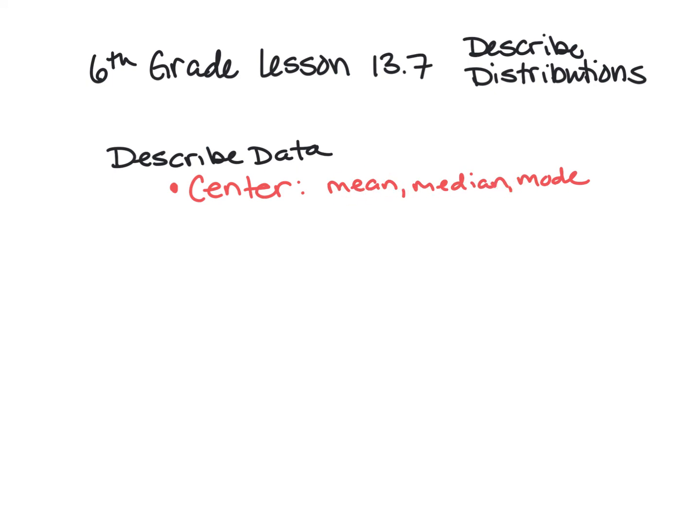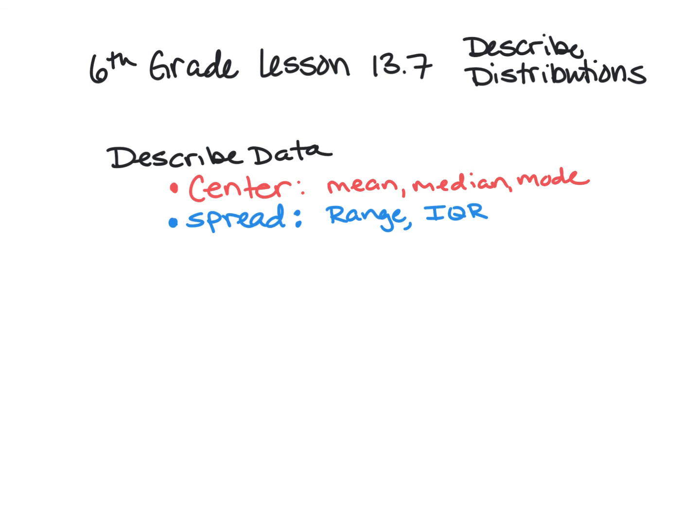Usually mean is pretty accurate unless there's a major outlier on there. The median might give a better picture of what the center of the data is. We can describe it with the spread of the data using the range, the highest number in the data set, subtracting the lowest number from it, or the interquartile range, which is the upper quartile with the lower quartile subtracted from it.